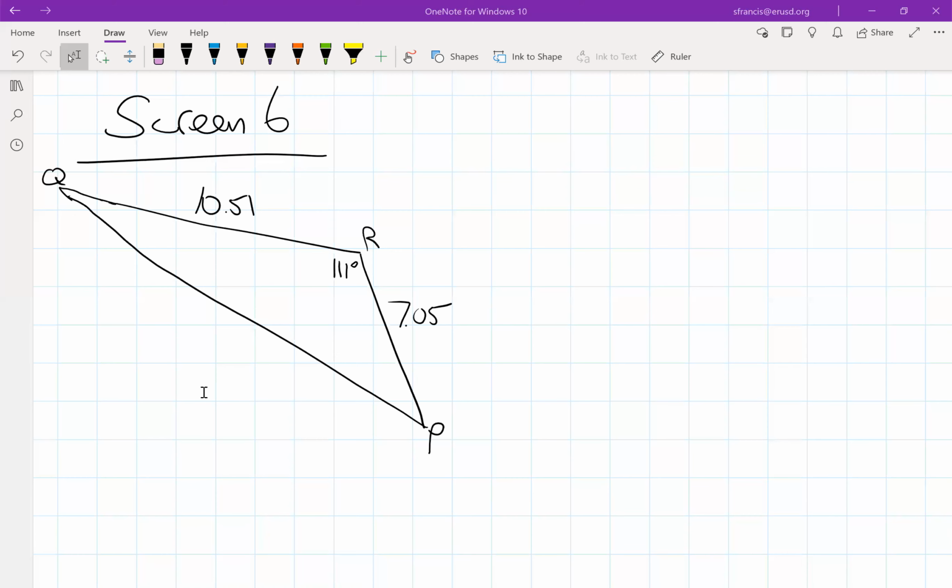Good, Noel. Good, Samuel. I disagree, Alan, with your value for R. Crystal, I agree with your value for QR. All right, well, no, actually, should it be labeled QR? No, not QR. You mean QP. You have a mislabeling there, but it's okay.